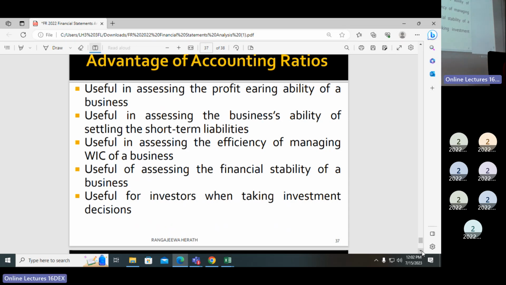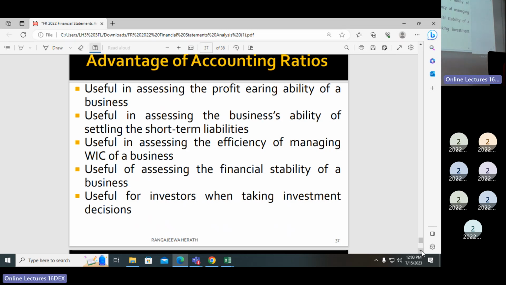Useful in assessing the efficiency of managing working capital of the business. Working capital management ratios. Useful in assessing the financial stability of the business. And useful for investors making investment decision, investors ratio. So ratios වර්ග පහේ topics. There are so many, but at least you can identify these 5 benefits.